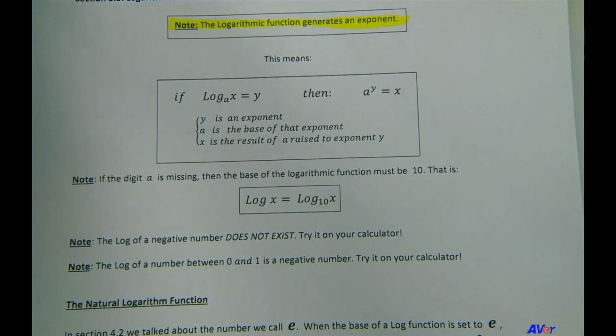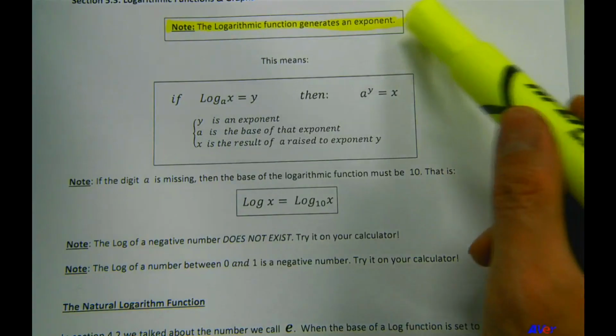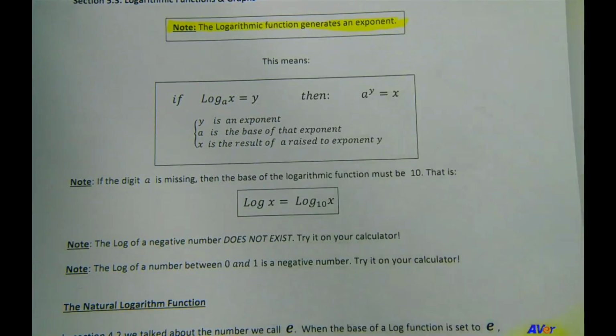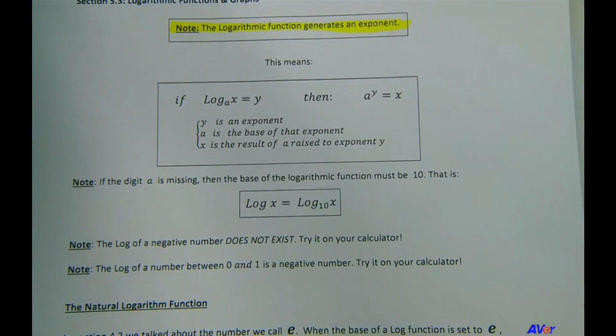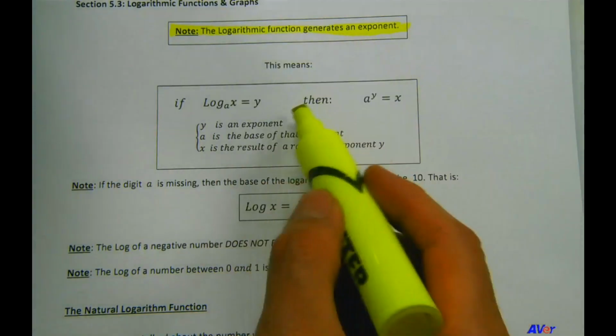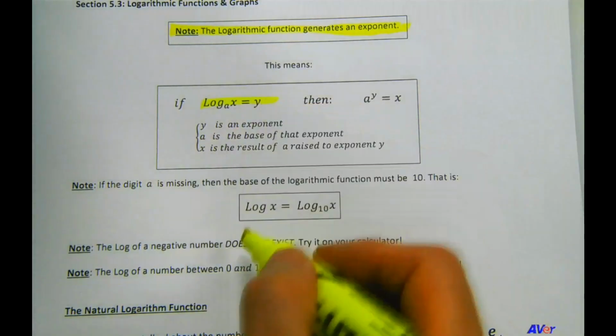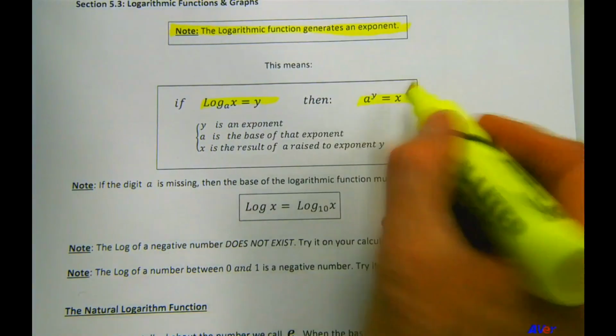So in combination, if you fully understand what's written in these two boxes, you will know at the very least 70% of all there is to know about logarithmic functions. First of all, that logarithmic functions generate an exponent, and then that any log form has an exponential form.